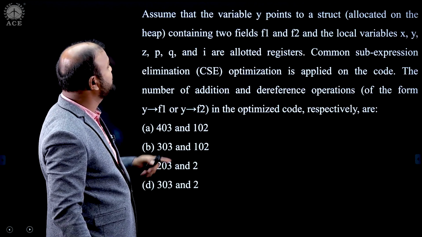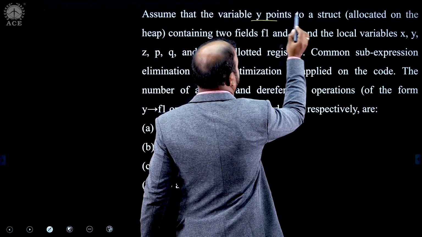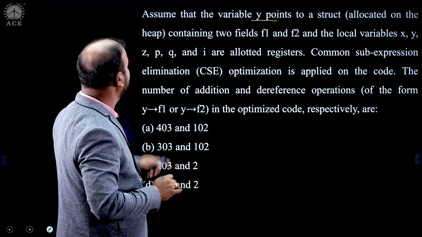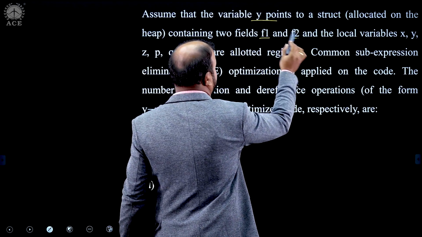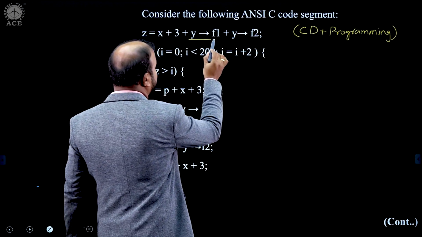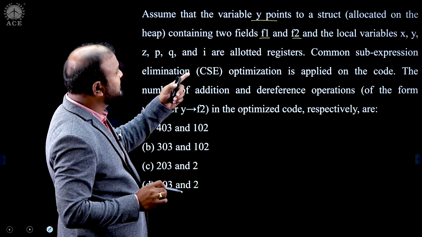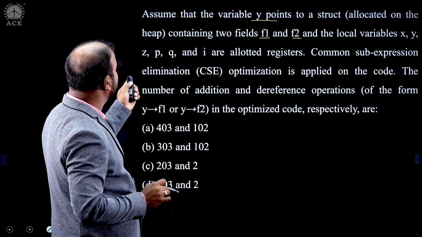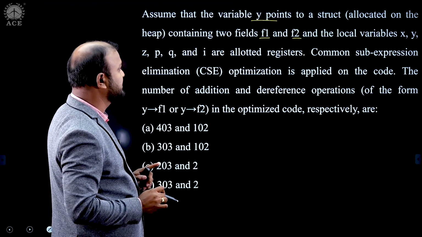The question is: assume that the variable y points to a struct allocated on the heap containing two fields f1 and f2. Here in the program snippet it is given y to f1, y to f2. And the local variables x, y, z, p, q and i are allotted registers.